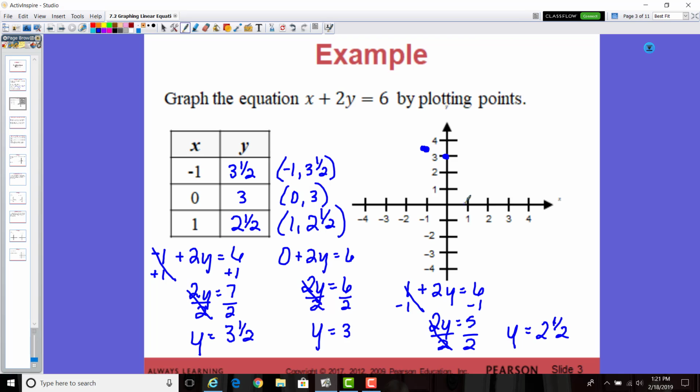My last one that I picked, x was 1, so I go to the right one, and I go up 2.5 steps, plot my point, and neatly draw my straight line. Okay, since I have my chart over here, I don't need to label those 3 points that I have highlighted. That's one way to graph a linear equation in two variables, by plotting points.